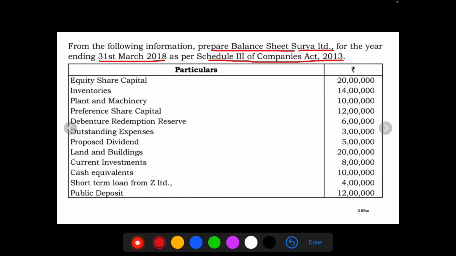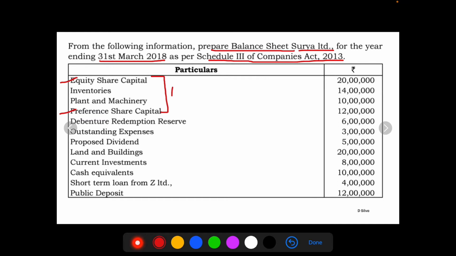So under equities and liabilities, the first one is being the shareholders fund. Under shareholders fund, we can identify that we have share capital being given in the question in the form of equity share capital and preference share capital. So therefore, equity and preference share, we need to prepare note to accounts.